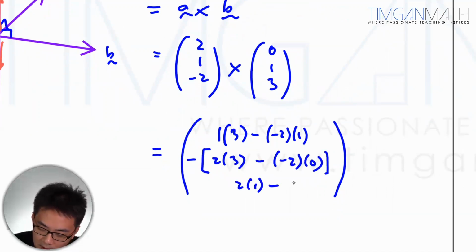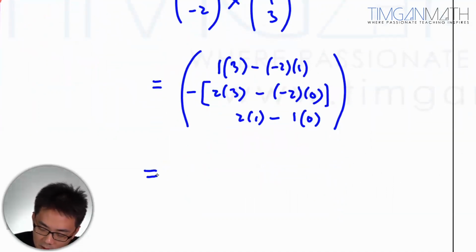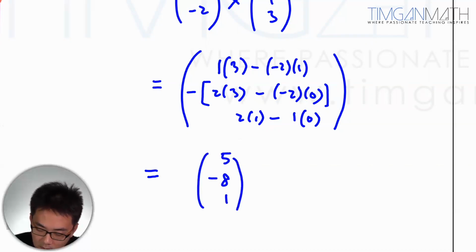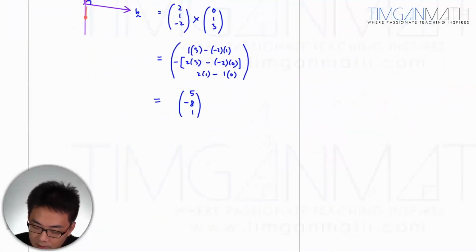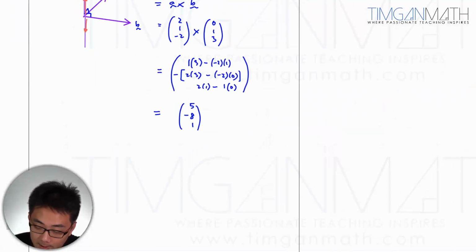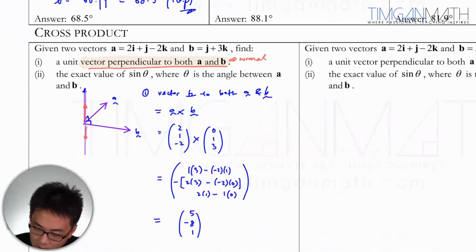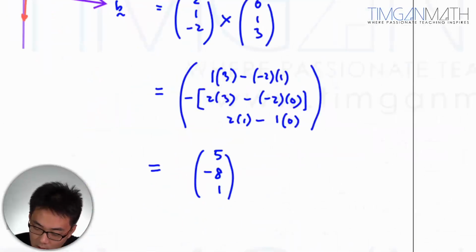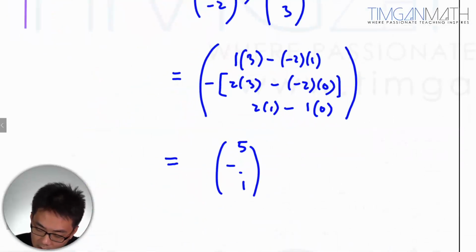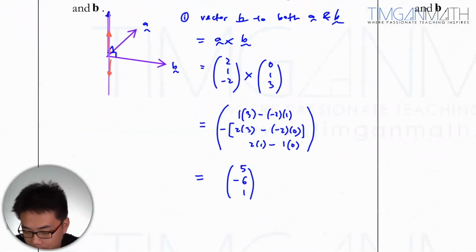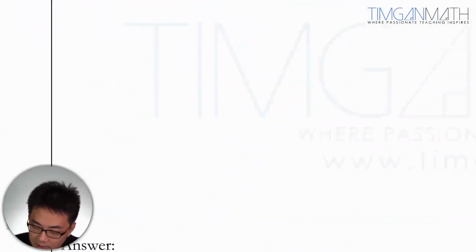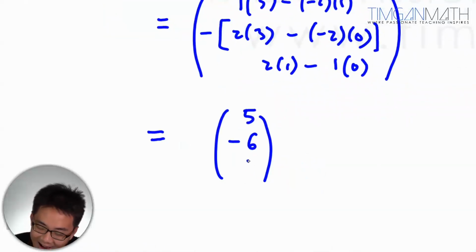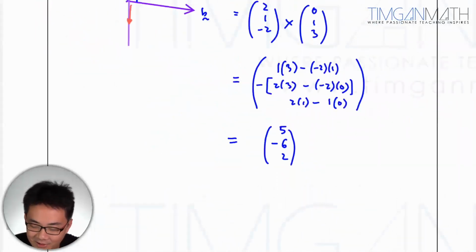Then 2 times 1 minus 1 times 0. So this is 5, negative 8, 1. Oops, something is wrong. Why am I wrong? 2, 1, negative 2, i, j, k. 6. Oh, it is 0. Okay, this one would be 6. Great. So 5, minus 6, 1. Okay, this is the one.